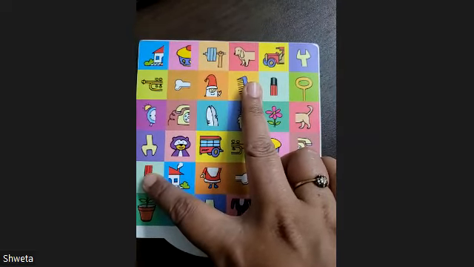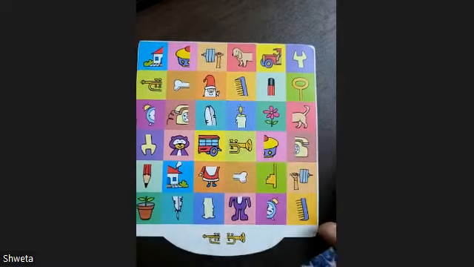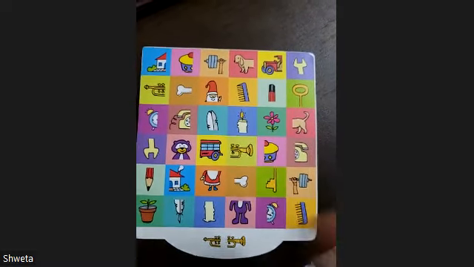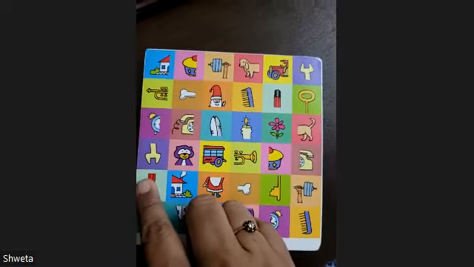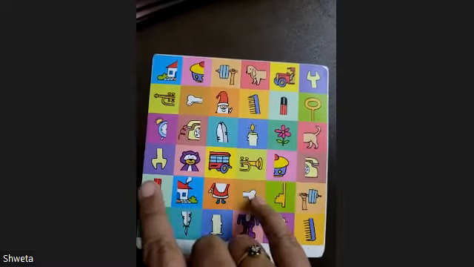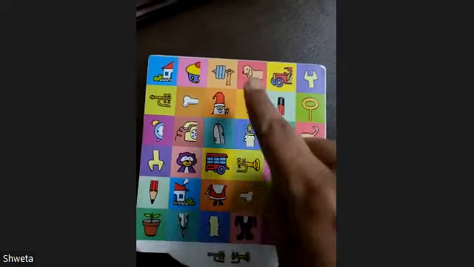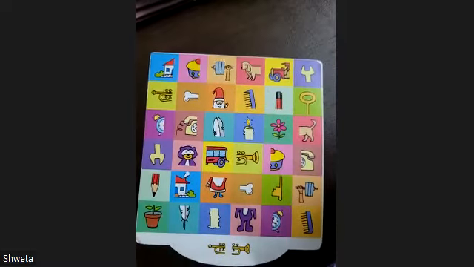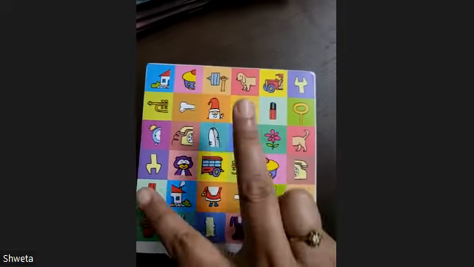I have a red pencil and a purple comb. Or you can say, after writing the letter or after finishing my assignment, I comb my hair to go out for the party. So you can join two sentences.